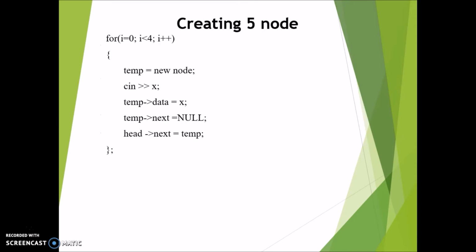And how do we create the other nodes? We're going to do it by using a loop. First, we create temp as a new node and cin x. Temp points to data equals x. That means x is now the data field of temp.